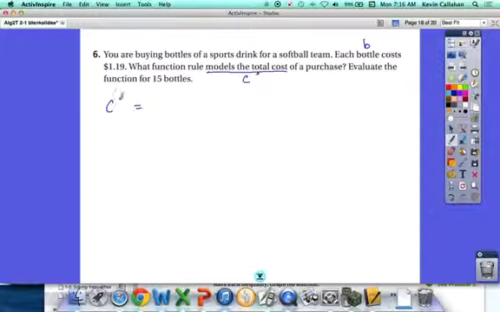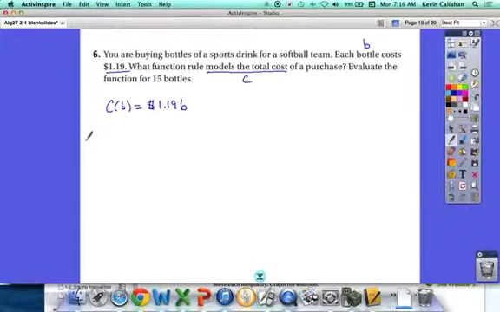So our function C is actually a function of how many bottles. So instead of f of x, we're saying C of B. And what will be the expression that represents how much it costs as a function of the bottles? Well, it costs $1.19 per bottle. So we would say it's $1.19 times the number of bottles. That's your function rule.